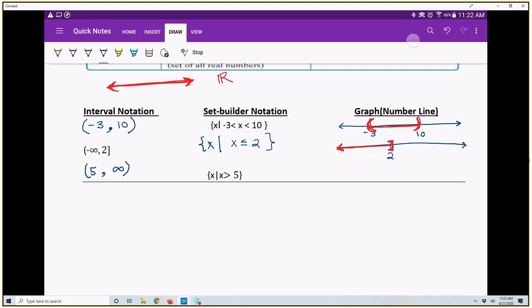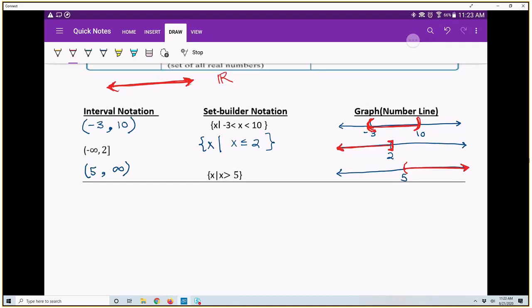No, because 5 is not greater than 5. So parenthesis. And I draw the picture. That should look like I start at 5. I have open, so parenthesis. And I'm taking everything bigger than 5, so everything to the right.